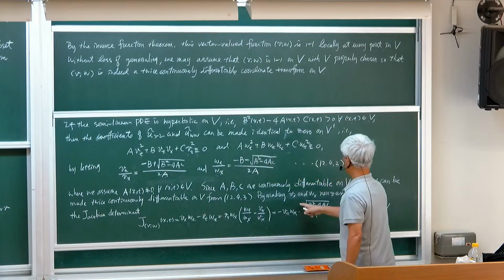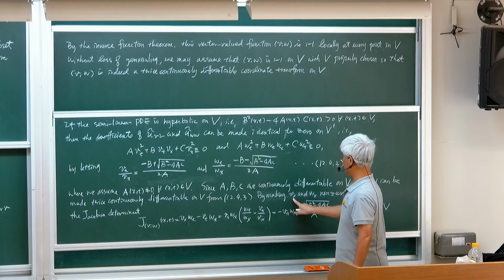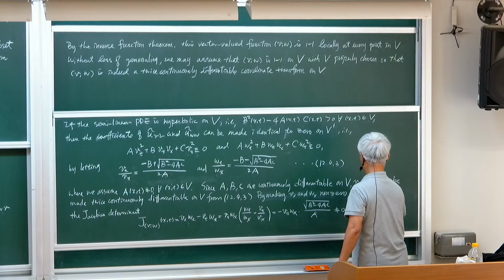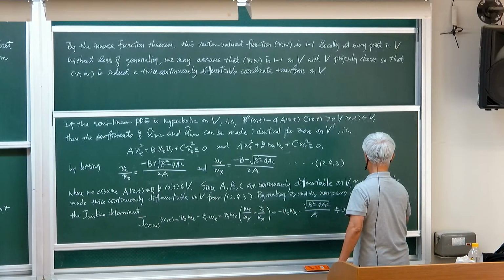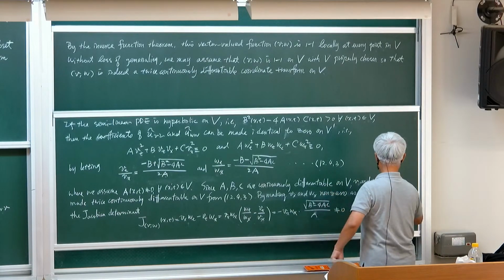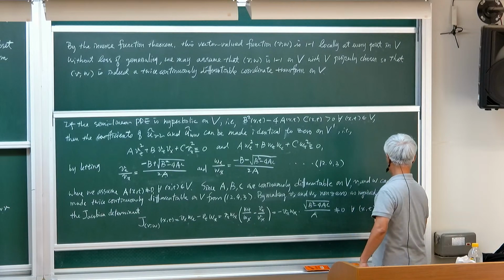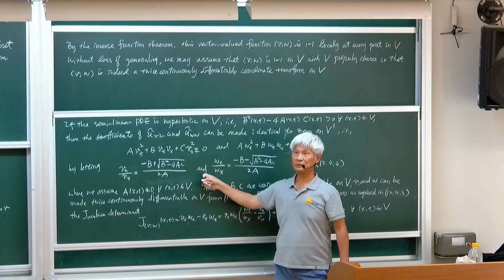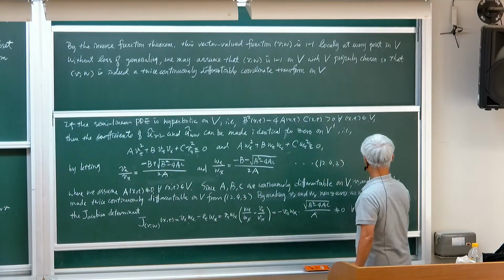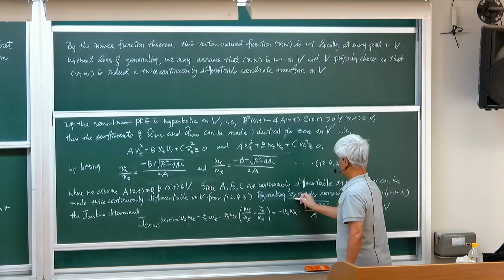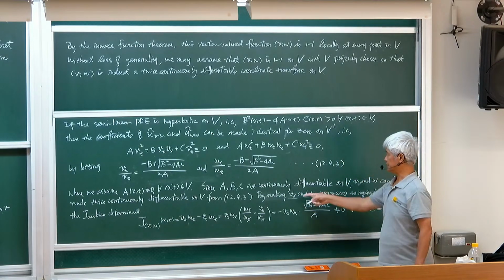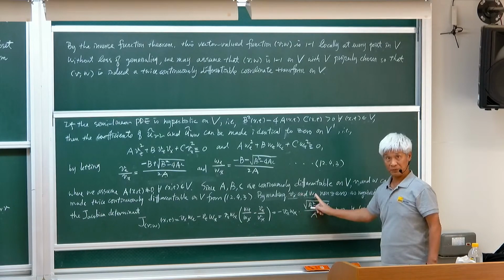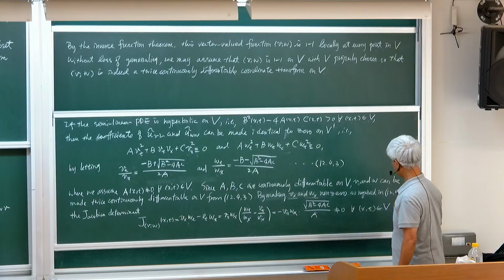So I should say by making Vx and Wx non-zero as required in 12.4.3, right? This is required when we write down this equation. Later on, when we really construct V and W, we have to check that both of them are non-zero.